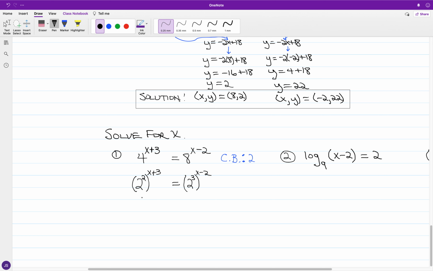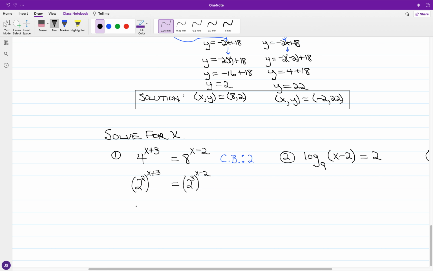And now applying the power property of exponents, on the left you have 2 squared to the x plus 3, and so we'll be multiplying the exponents. So we have 2 times the quantity of x plus 3, and to the right, we have 3 times the quantity of x minus 2.